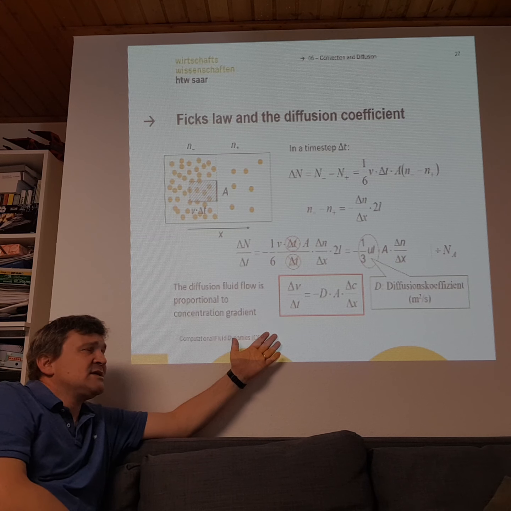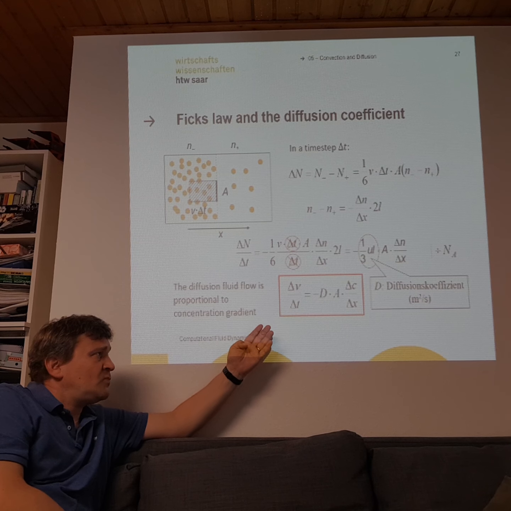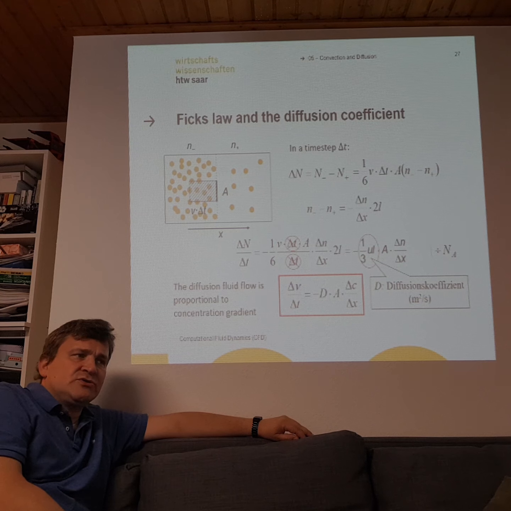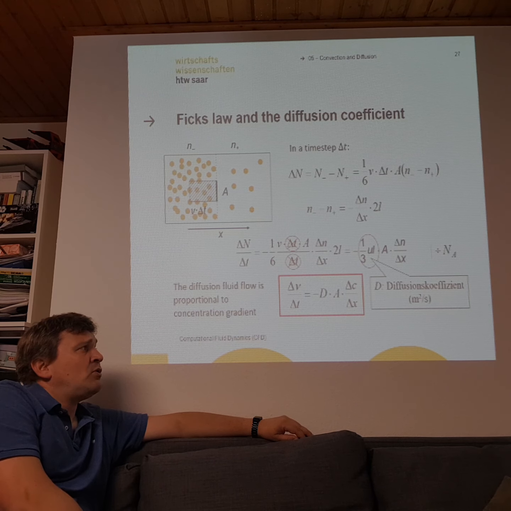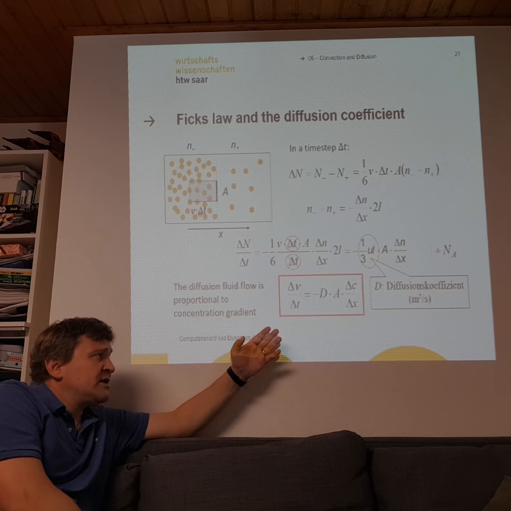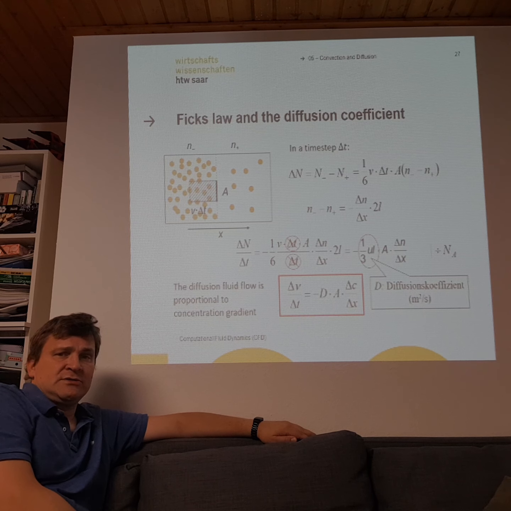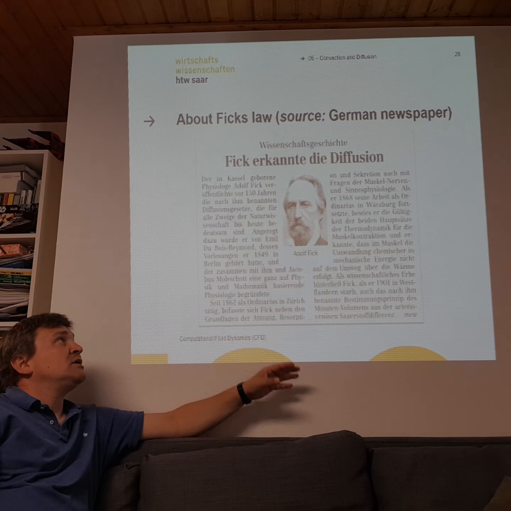So more or less, that's an easier form of the Navier-Stokes equation. And if you want to check your simulation results with ANSYS CFX, you can take Fick's law and compare it. And this law is quite old.